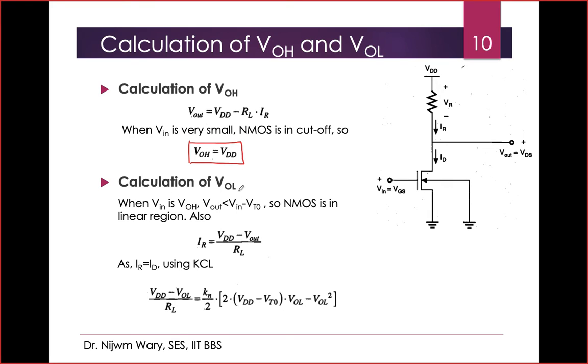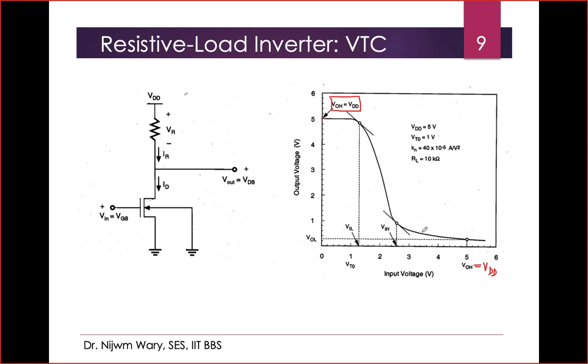Now for the calculation of the VOL, imagine the input is the highest. Suppose the input from the previous inverter has gone to VOH, the highest voltage. So suppose this input here is VDD, then what happens? Whenever this input is almost VDD, you can see that the output is very, very small, because a huge amount of current will be flowing through here, and there will be a huge drop.